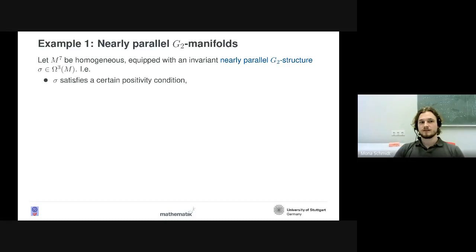G2 structure means that sigma satisfies a certain positivity condition. In particular, sigma induces a compatible Riemannian metric on M. And the nearly parallel part simply means that sigma satisfies this differential equation here for some constant tau naught.